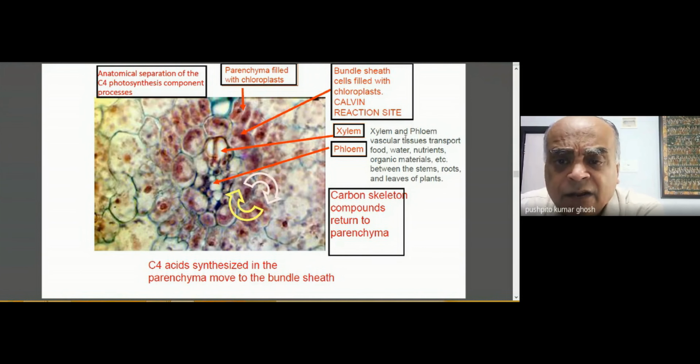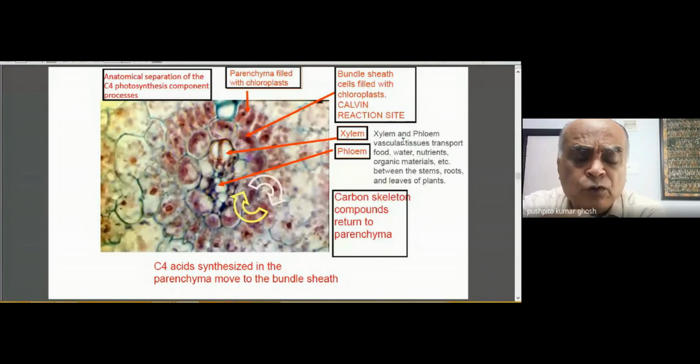And then of course you have also other sites like the xylem and the phloem, and these are tissues which are engaged in transport, because you need water, you need nutrients, you need other kinds of organic materials. Food that is being produced has to be transferred maybe into the stem or root or some other place.